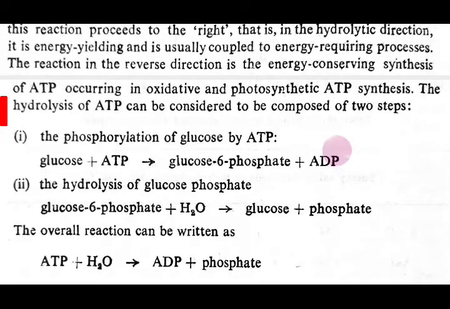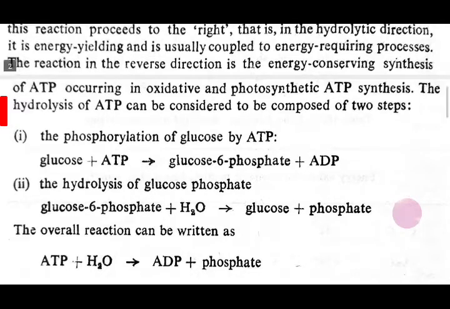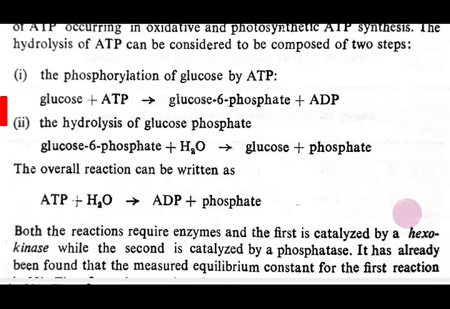First, phosphorylation of glucose by ATP, that is glucose with ATP forms glucose 6-phosphate plus ADP. The second step is the hydrolysis of glucose phosphate, furnishing glucose plus a phosphate group, and the overall reaction can be written as ATP plus water, that is hydrolysis, giving ADP plus phosphate.